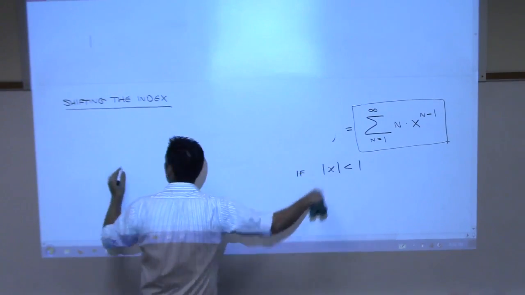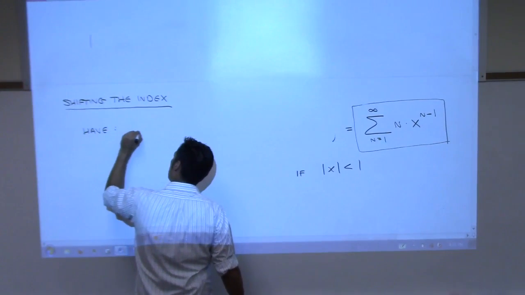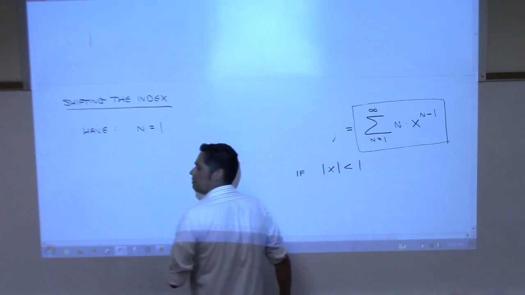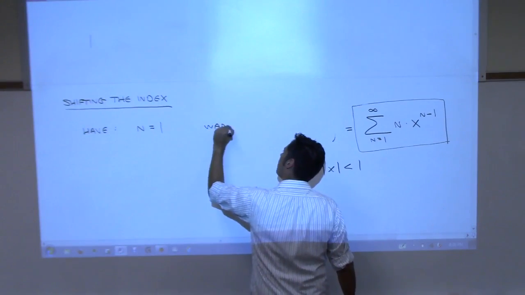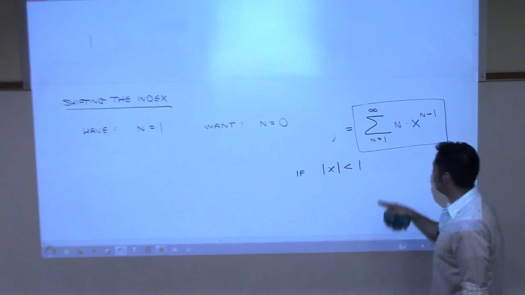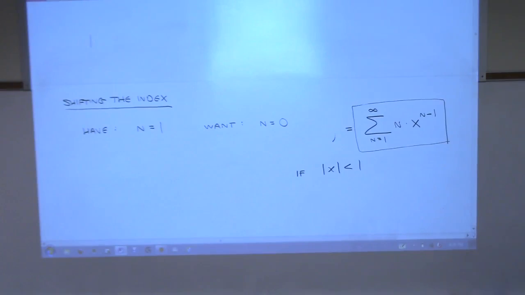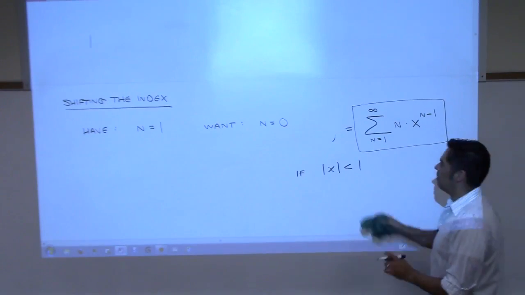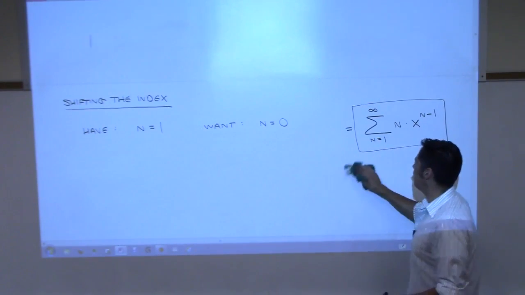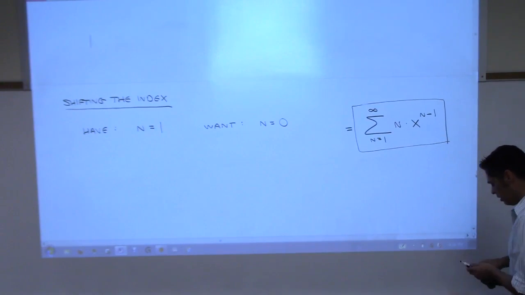We have in our index n equals 1, right? We want n equals 0. Okay, we want to shift this starting point from 1 to 0. So your instinct might tell you, well, subtract 1 or do something like that, but here's the way I like to teach it.